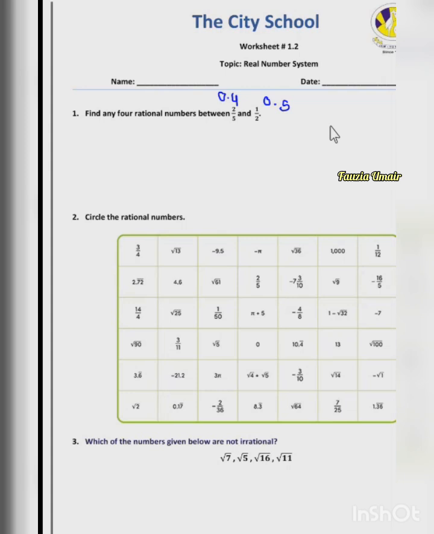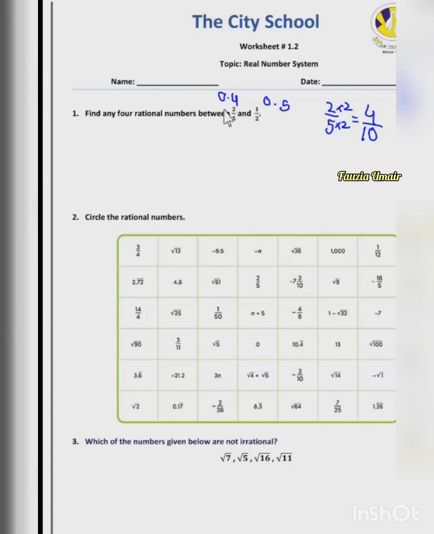Because 2 by 5, I can make the denominator 10 by multiplying it with 2. So basically it is 4 by 10, the equivalent form. And I know 4 by 10 means 0.4. So 0.4 and 0.5. Between 0.4 and 0.5, can anyone tell me any one rational number?